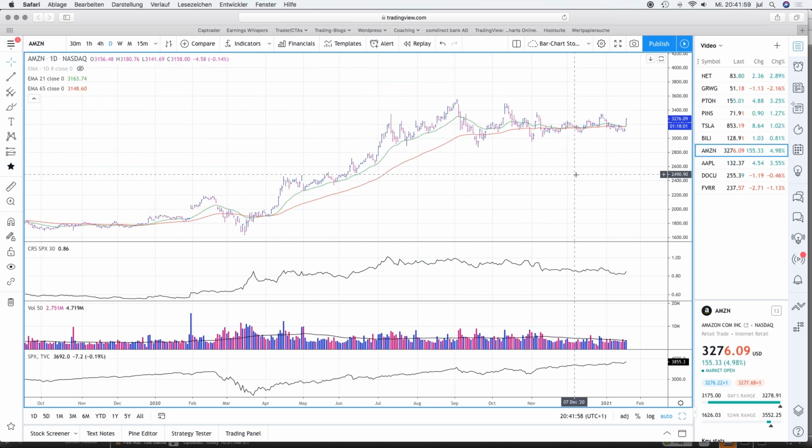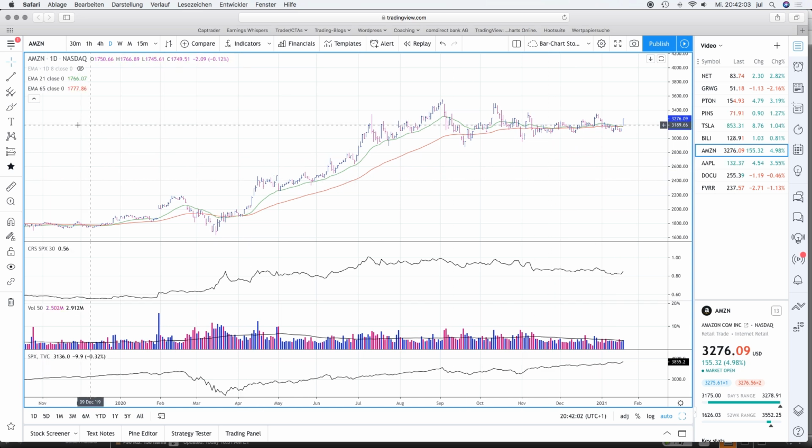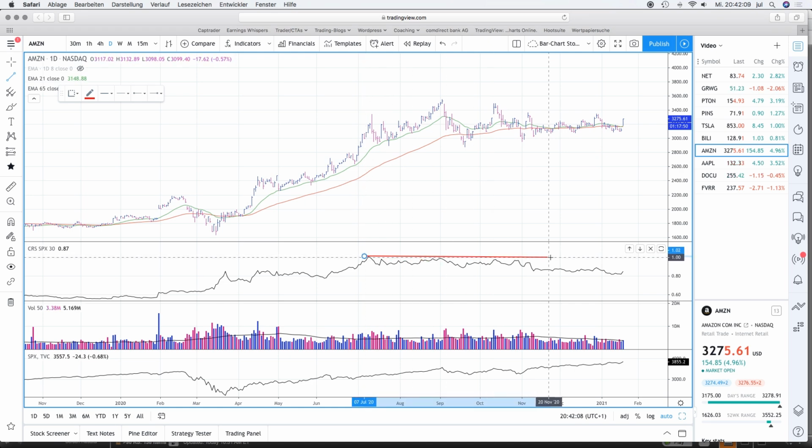A situation where we can see that in real time at the moment is with Amazon. Amazon went sideways here, and the first divergence was in that situation. We saw a new price high that was not reflected by the RS line.